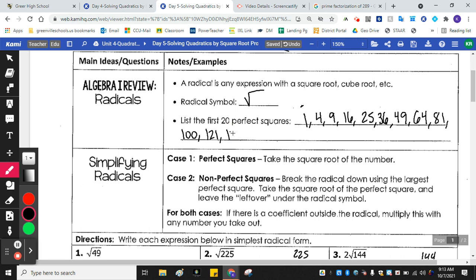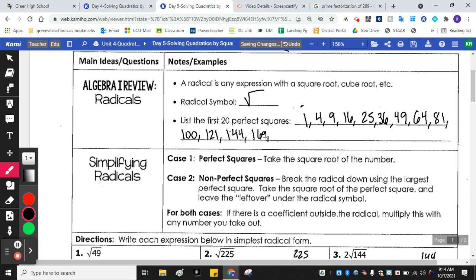I'm getting to where I need a calculator. Just to check, 13 times 13 is 1, I want to say 69, but hold on. 13 times 13, 169.